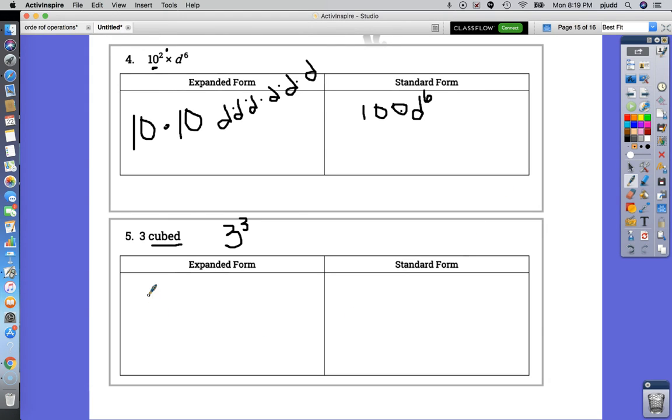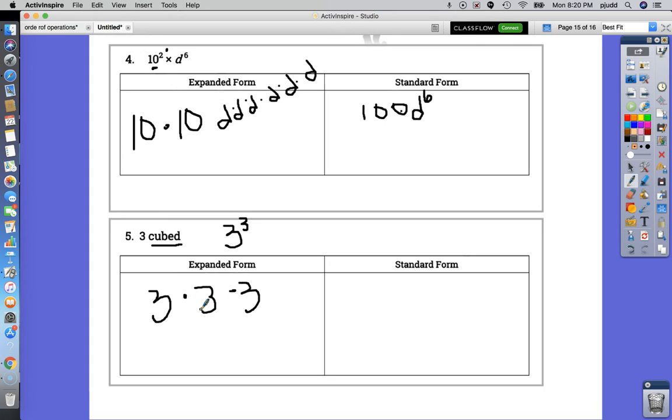And then I have 3 cubed. Well, again, 3 cubed means 3 to the third power. So I have 3 times 3 times 3. I have a numerical base, and I'm multiplying that base by itself 3 times. The exponent 3 means I multiply 3 times 3 times 3.